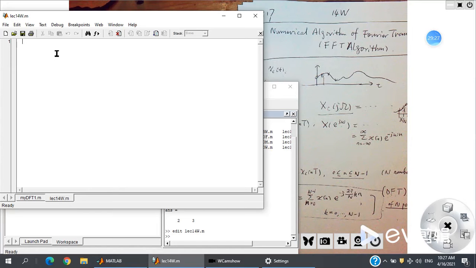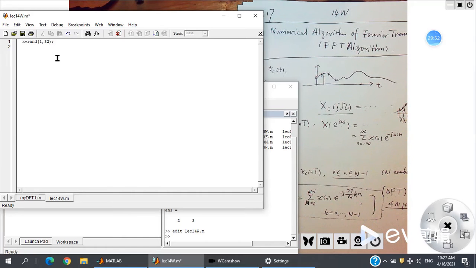And okay, this one I will use my DFT. So I give x equal to randomly, like a 1 by 32. Okay, 32 points. This is a random value with 32 points.